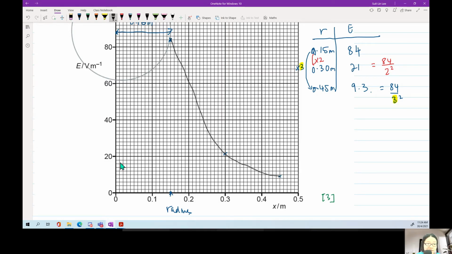Inside the sphere, there is no net force, so the electric field should be 0. But I will draw something like this during the exam. And because I really want these 3 marks, I will help the examiner by labeling one. Inside the sphere, E is 0 because there is no net force.